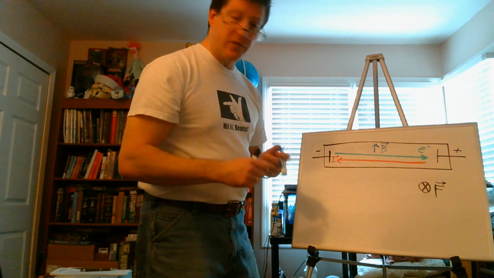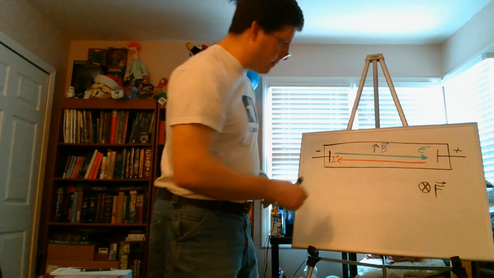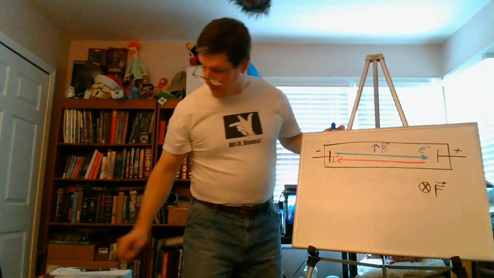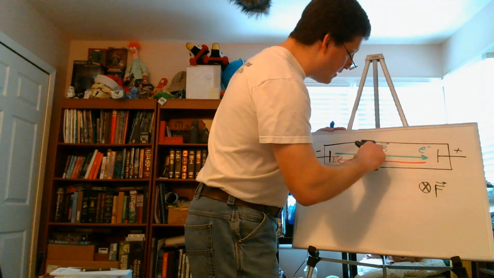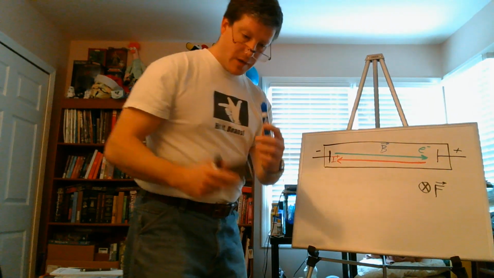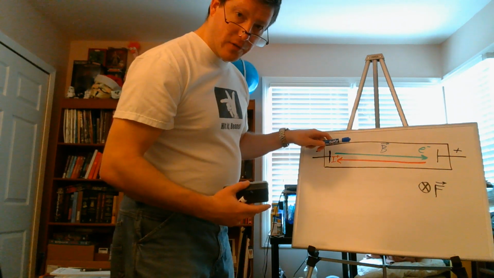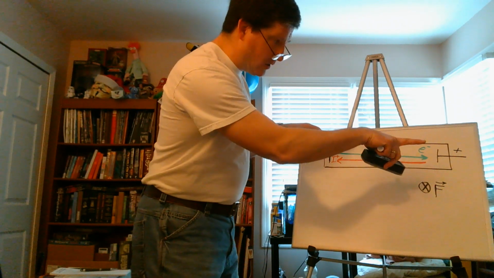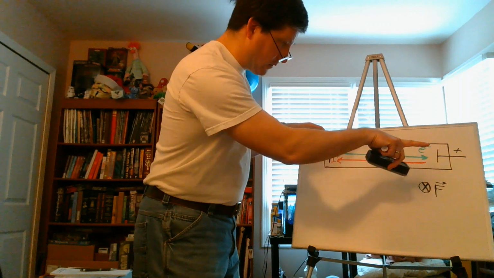Let's start off thinking about the electrons, for example. If I get rid of my arrow here, and let's suppose we orient the North Pole of our magnet going this way, so the magnetic field is pointing in this direction.